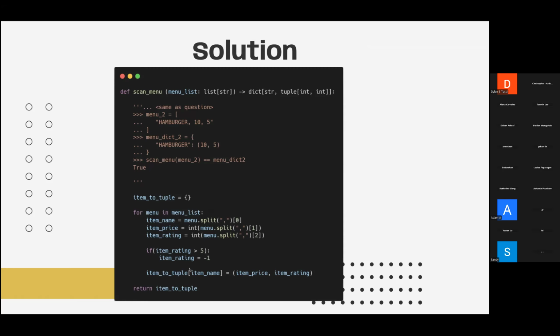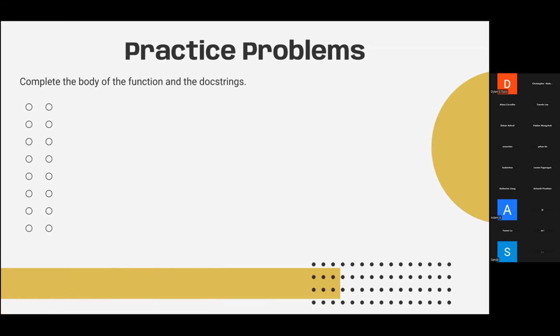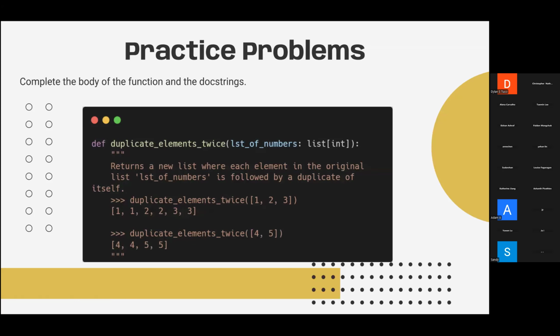After we've done all our modifications, we can assign the item name to the tuple of the two integers, create this tuple, and then return it. That solved all the issues we had with our original solution, and this gives us exactly what we wanted.